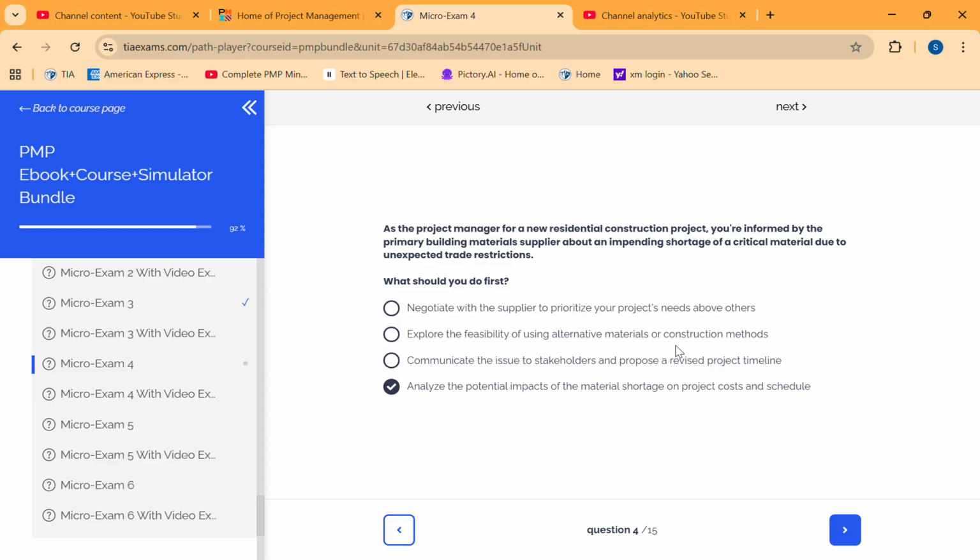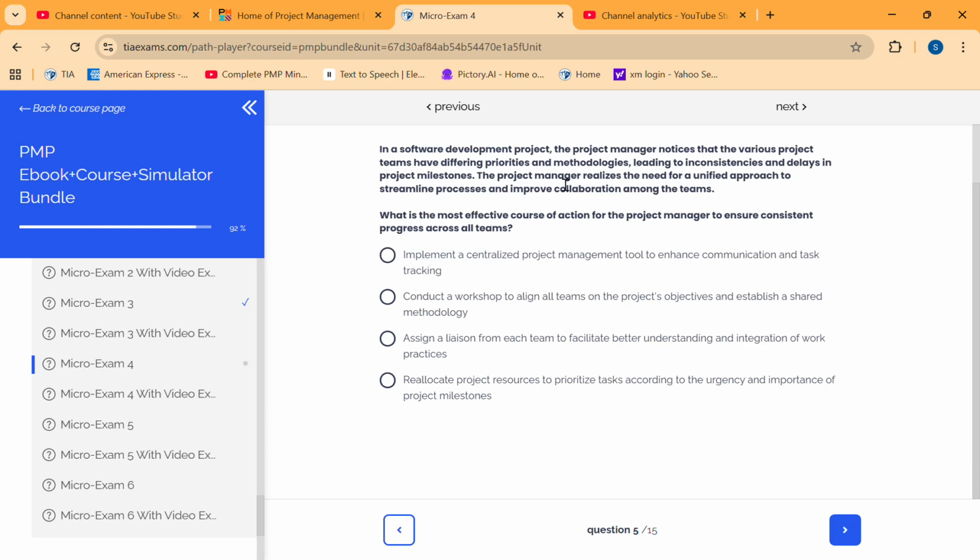But before exploring the other option, I think we should analyze the impact of the material shortage on cost and schedule. Communicate the issue to stakeholder and propose a revised project timeline. I think we should analyze the impact first, and then we should go to the stakeholder and propose the revised project timeline.